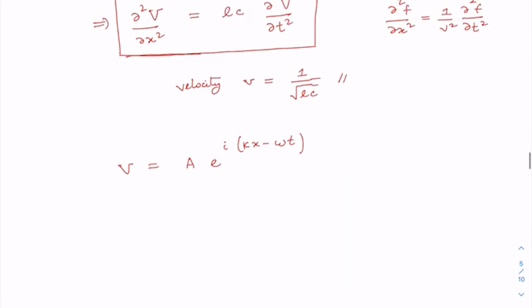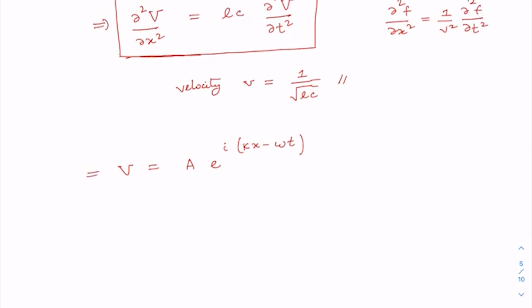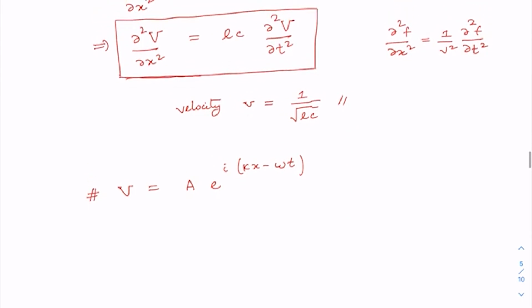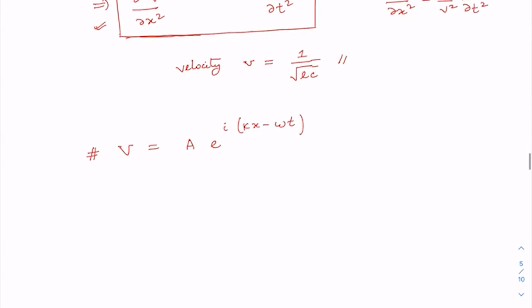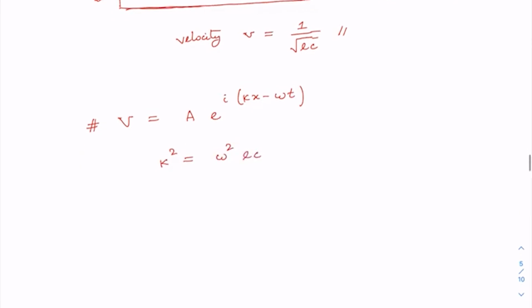If I put this solution V is equal to A e to the power i(kx minus omega t) in this equation, then you will get the dispersion relation, that would be k² is equal to omega² LC. From here you can write the magnitude of omega by k, which is basically the velocity, and that would be equal to again 1 by square root of LC.